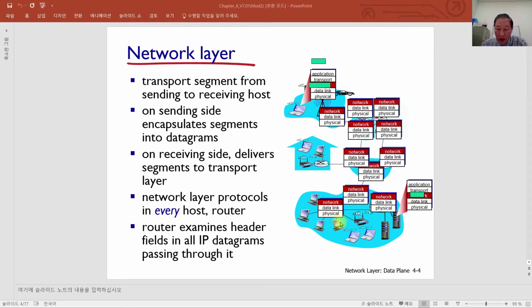This is a host, and another host here. This server, even this server is another host.